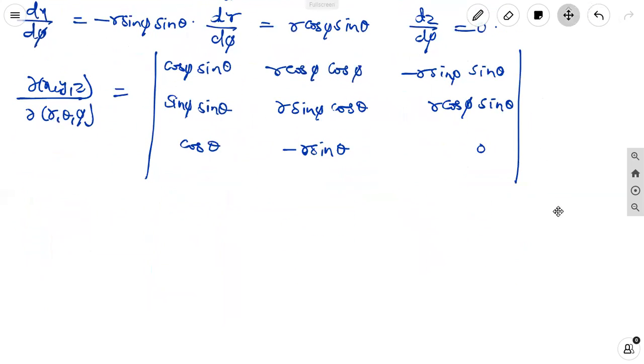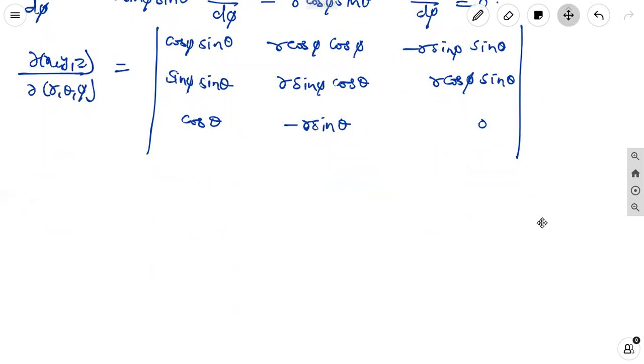This simplification is not needed, but how we are getting that value, for that only I am explaining to you.